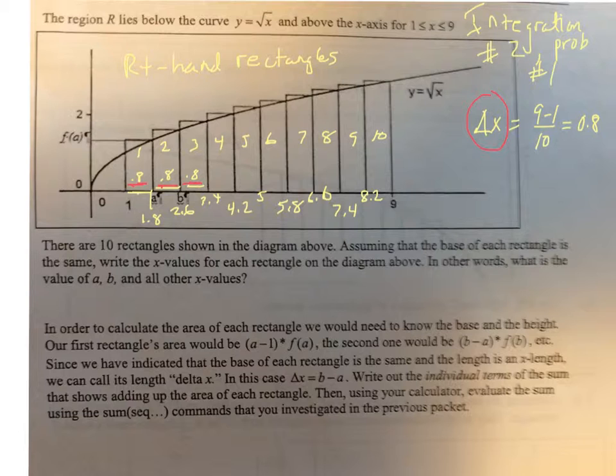So I have also calculated what our x values would be on each of the rectangles that we're going to use to estimate the area of the region. Okay, so I have completed the first question, part A.